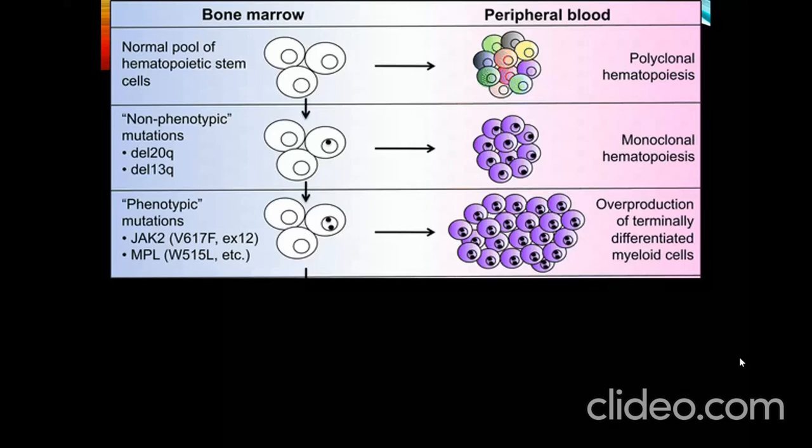Here we see that there is overproduction of terminally differentiated myeloid cells. But even till this point, some amount of normal polyclonal hematopoiesis is still going on, along with overproduction of terminally differentiated myeloid cells.